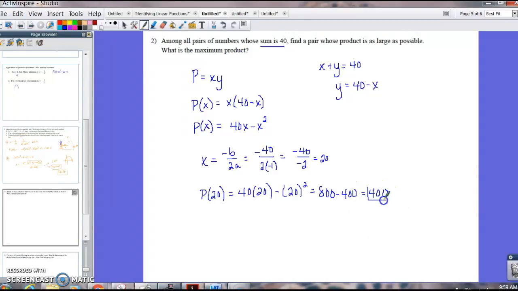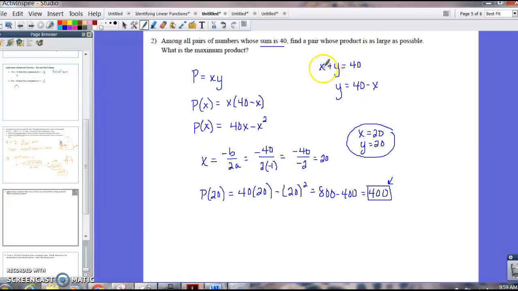So 400 is the largest possible product, but it says find a pair whose product is as large as possible also. So this is part B. What is the maximum product? It's 400. But my pair of numbers, if one of them is 20, that means the other one has to be 20. So x is 20 and y is 20, that's my pair of numbers. That gives me my largest possible product.